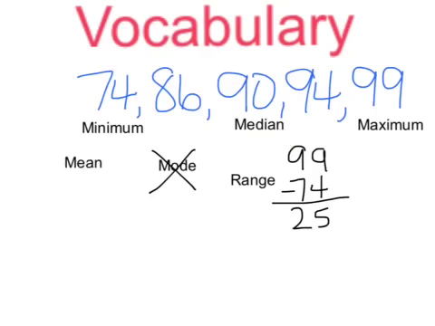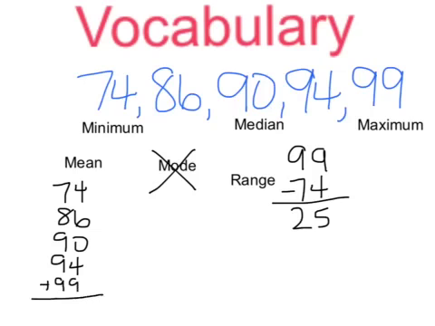Mean. For a set of numbers, their sum divided by the number of numbers. It looks like this. The first step we have to take is to add all 5 of these numbers together. And that equals 443.